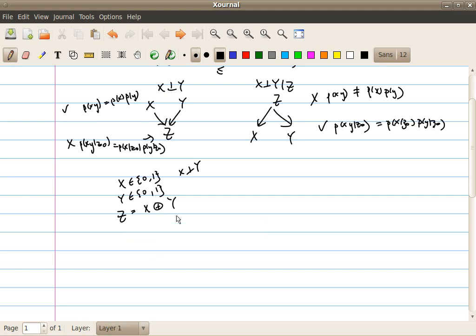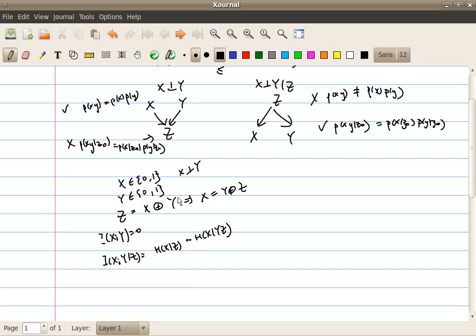Then let's look at I(X;Y), which of course is equal to 0 because X and Y are independent. Now I(X;Y | Z) is basically equal to H(X | Z) minus H(X | Y, Z). Given Y and Z, X is deterministic, because Z equal to X plus Y implies that X is equal to Y plus Z. Basically, I just add Y on both sides.